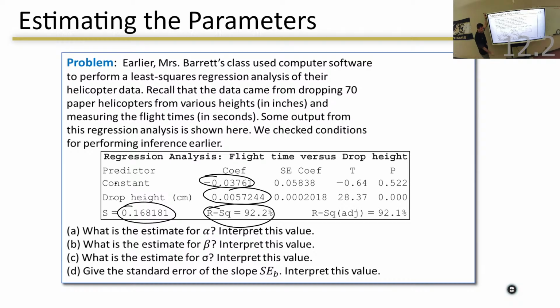You also remember that we had R. We would take the square root of that to get R. R tells us the strength and direction of a linear relationship. R squared tells us the percent of variability.